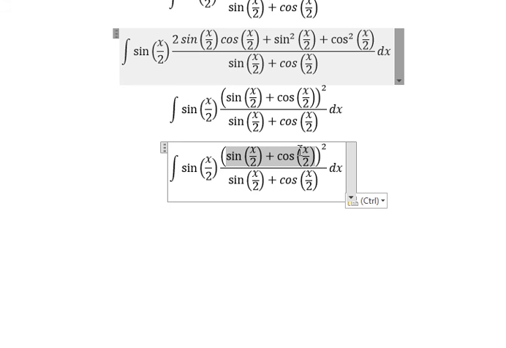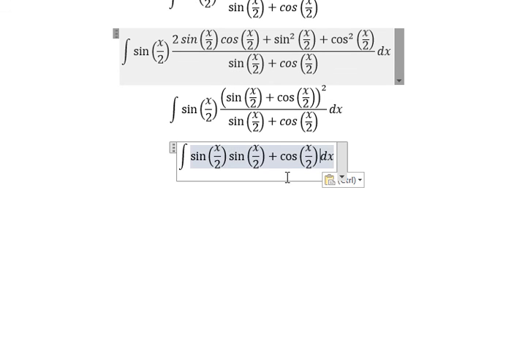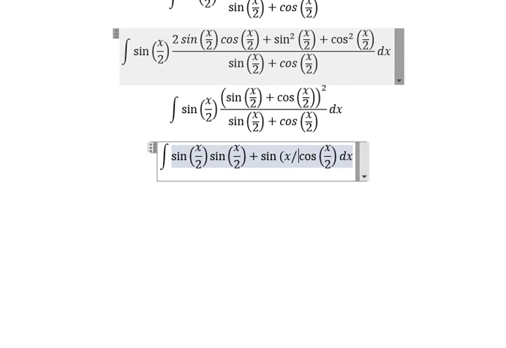Now we can divide this one with this one, and now you will get only like this. Sin x over 2 multiplied with sin x over 2, and we have sin x over 2 multiplied with cosine x over 2.